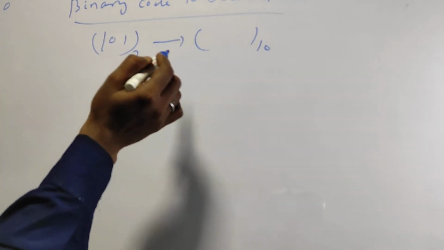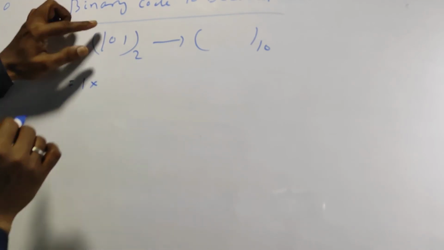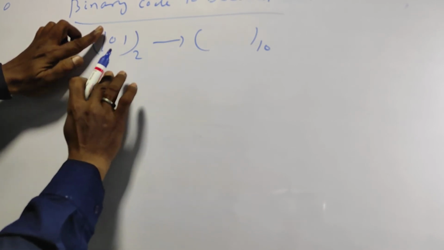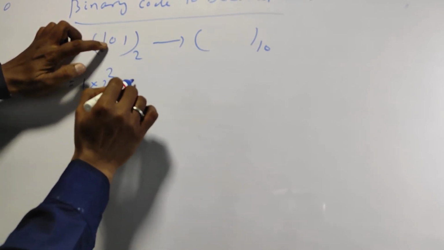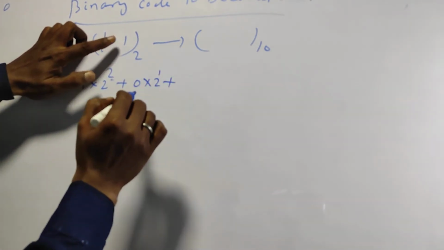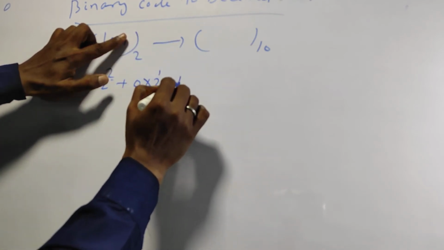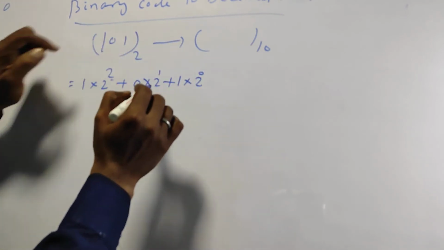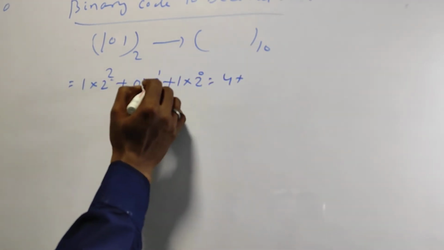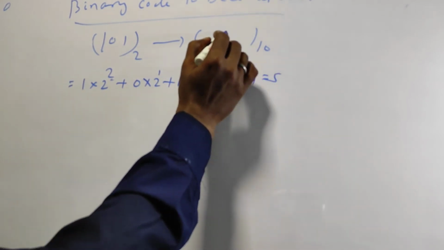First of all, how can we convert? The first 1 is 2 to the power 2, plus 0 times 2 to the power 1, plus 1 into 2 to the power 0. That is 4, plus 0, plus 1, that is 5.